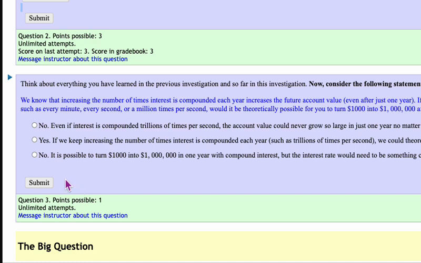So there is that PERT formula. If we had our $1,000 and wanted to change that $1,000 into $1 million, that would be e to what power?